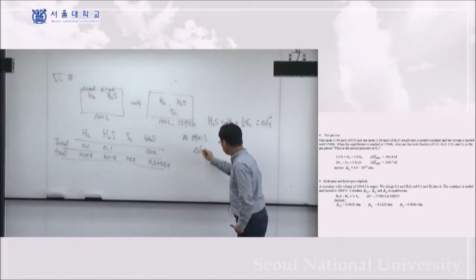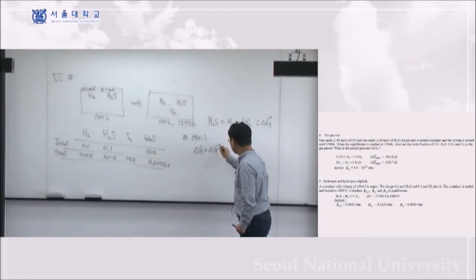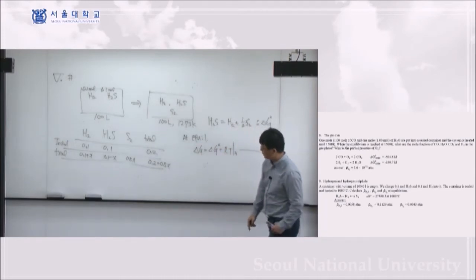Then delta G equals delta G naught plus RT ln of the partial pressures.